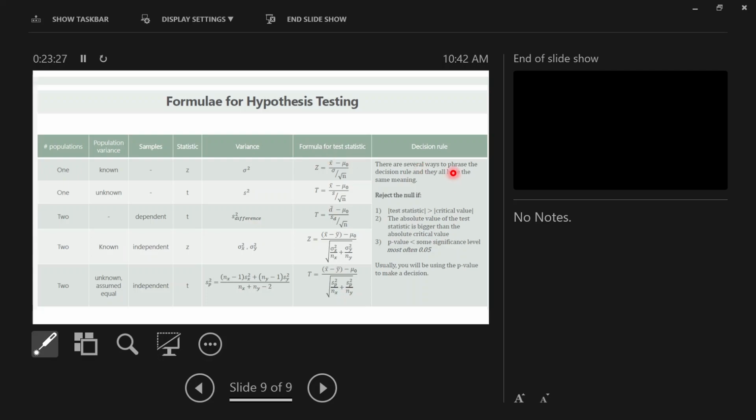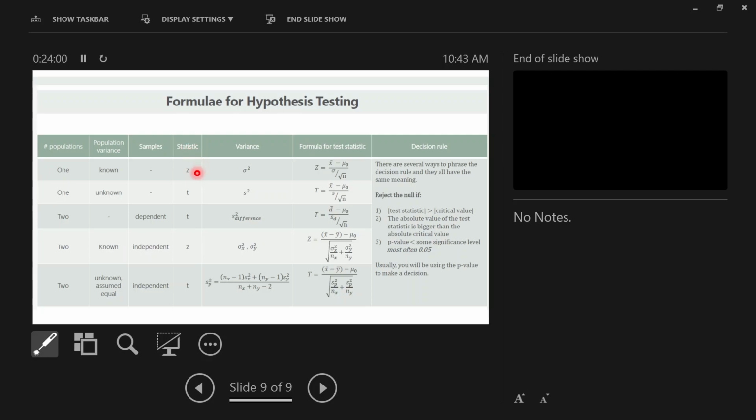So the decision rule, we are saying that there are several ways to phrase the decision rule, and they all have the same meaning. You reject the null hypothesis if the test statistic that we calculate using these formulas that you see here. These formulas are the same ones that we had almost yesterday. Because the first one, this is the test statistic when the population variance is known.